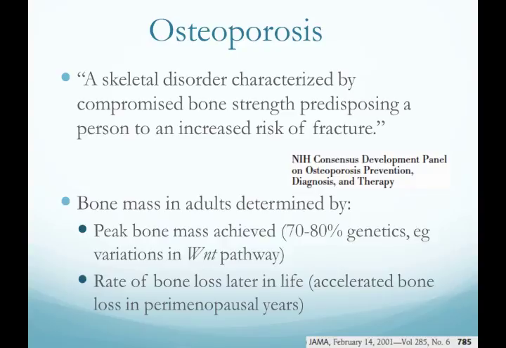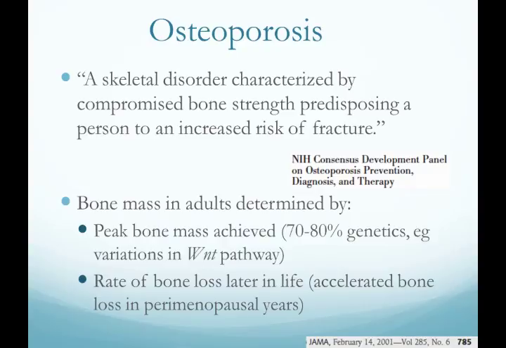So what determines the bone mass? Obviously, if you achieved a good bone mass when you were growing as a child, you're going to end up here. If you didn't, you're going to end up here. So you're going to start with a low bone mass in the beginning. Most of the bone mass is acquired during the first 3 decades of life.